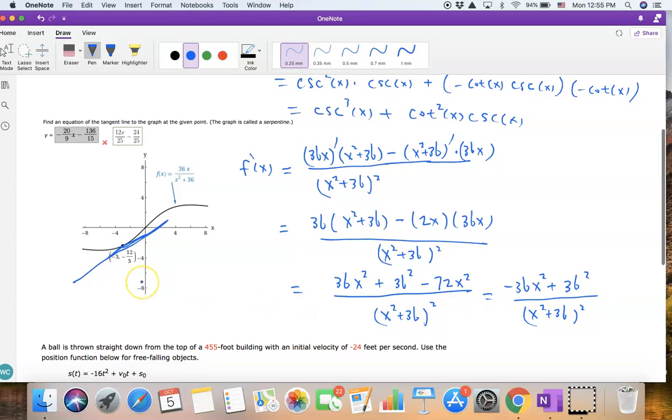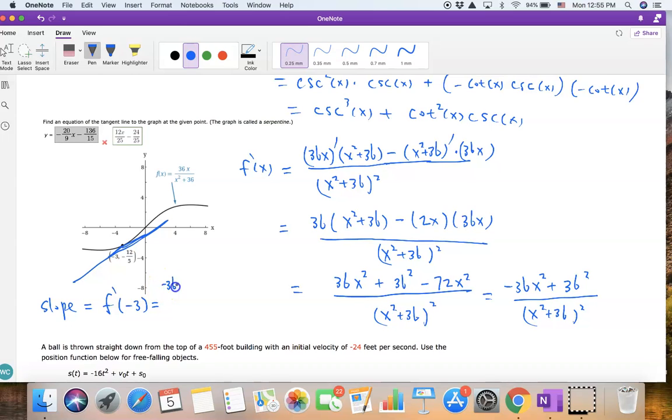Now, once we found the derivative function, the slope is equal to the derivative function when x is equal to -3. So we evaluate this at -3.